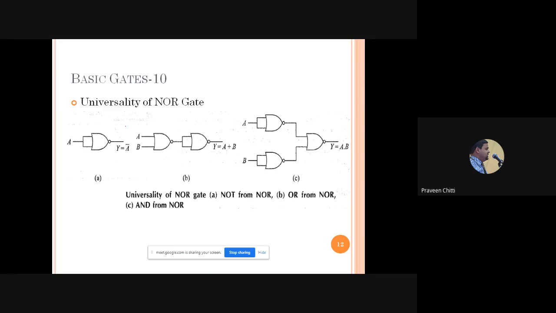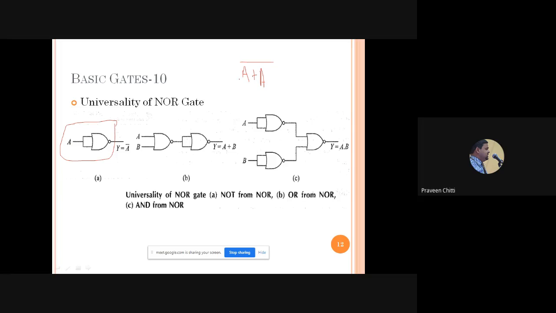Now, if you see this first, what are the 2 inputs given to this NOR gate? A and A only. So what output will you get? A plus A, whole bar.